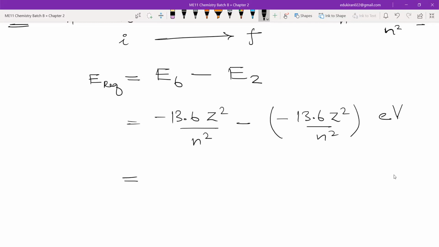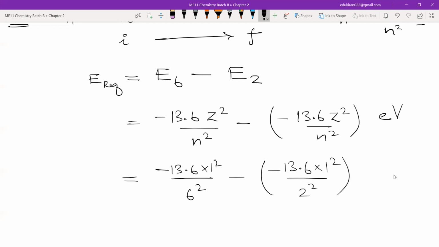What you can take common is minus 13.6 and Z square also, because Z will be equal to 1, right? So you can just take it common. Minus 13.6 into 1 square upon n is equal to 6 square, minus 13.6 into 1 square upon n is equal to 2 square.